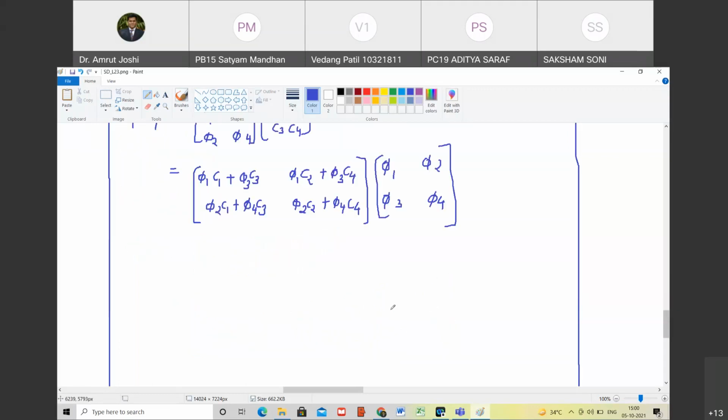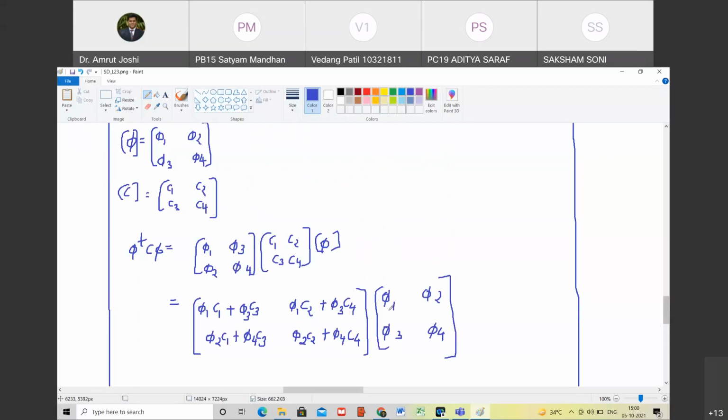Can you please write this down before we move ahead? Write down this step.